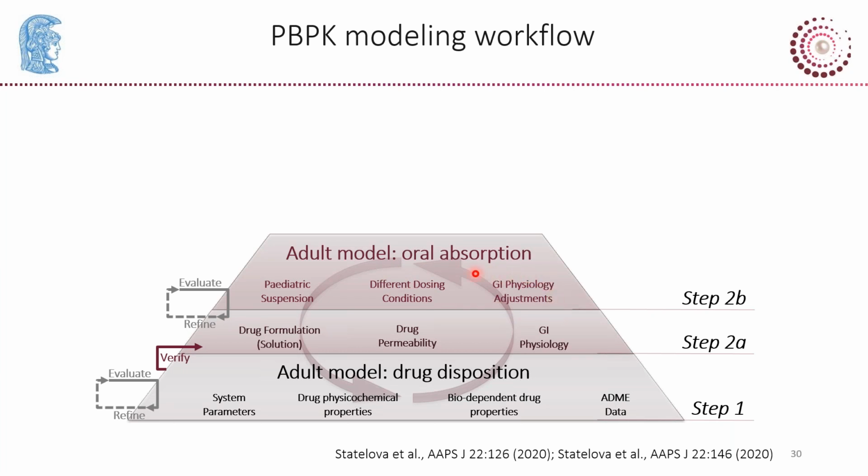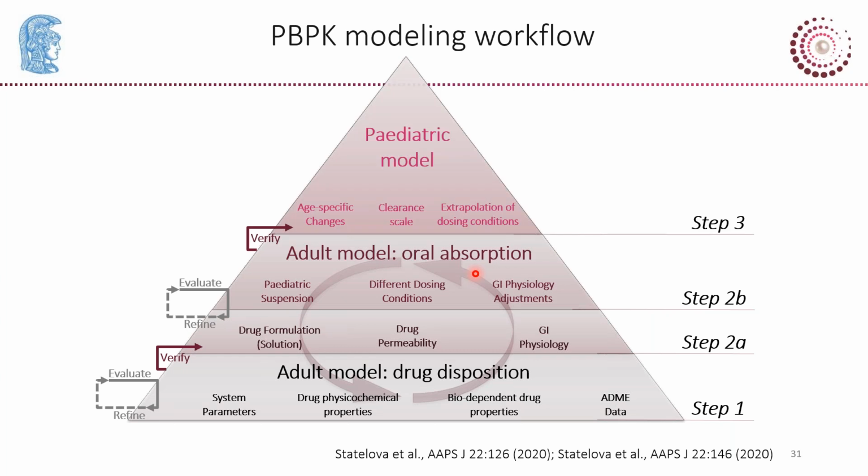As we said, following the verification of our oral absorption model in adults, we continued to our pediatric model. At this stage, we included age-specific changes regarding physiological parameters such as drug binding, so plasma binding or blood to plasma ratio.